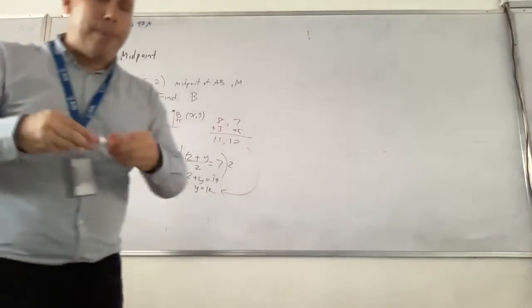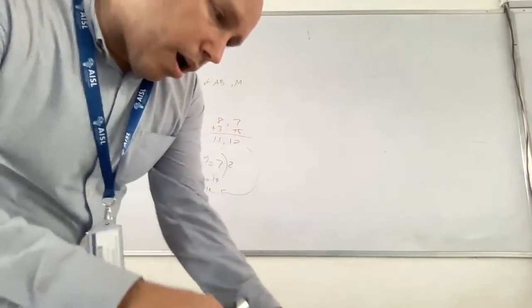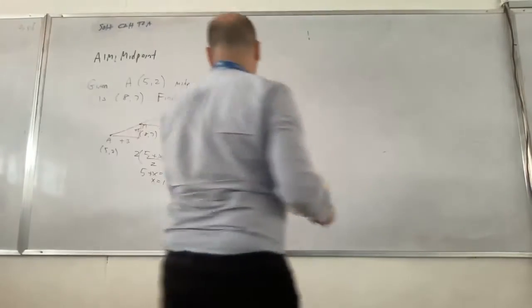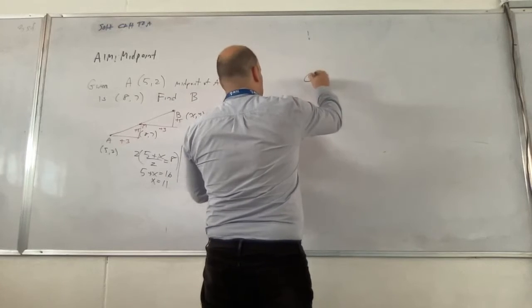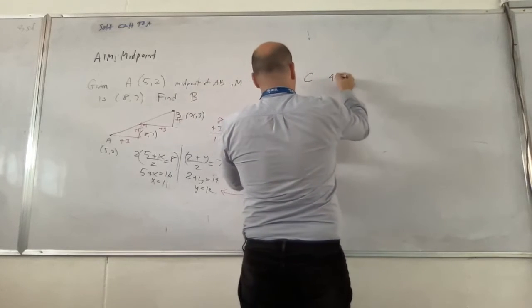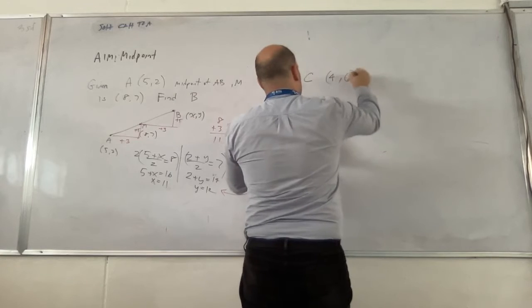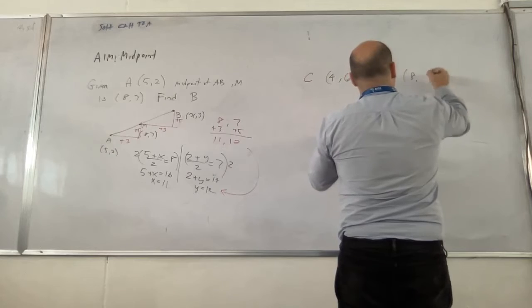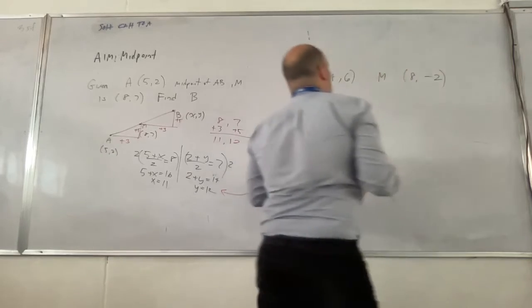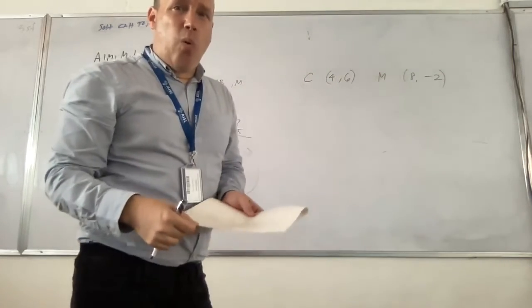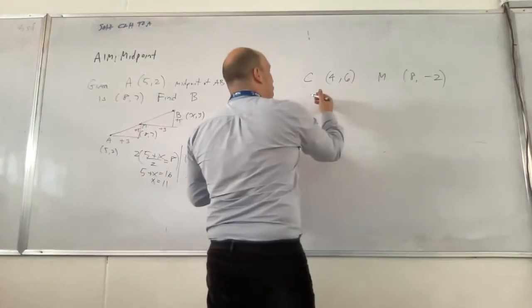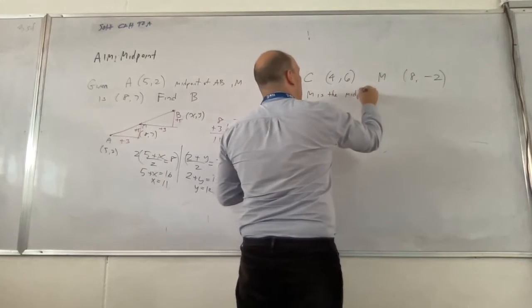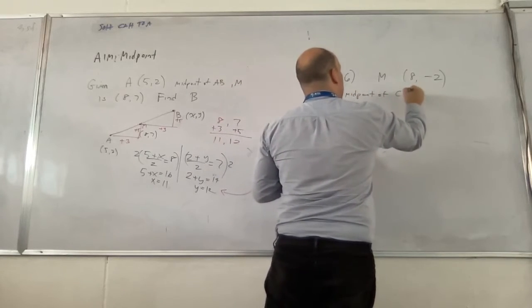Let's try one more example. How about we say that C is 4, 6, and the midpoint M is 8, -2, the midpoint of CD.